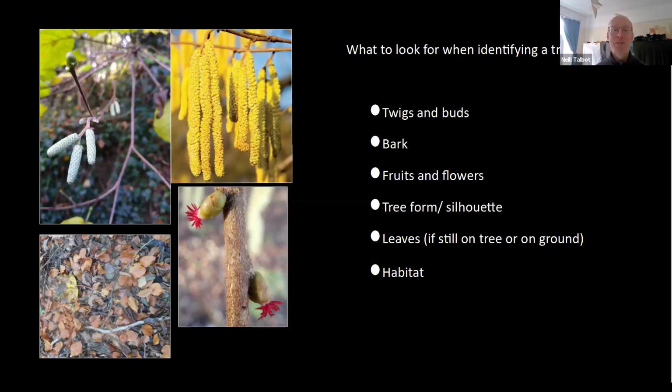But they could be from another tree nearby, so you just need to work that out and not rely on leaves on the ground as a primary identifying factor. And then we've got the habitat, so different species will be restricted to certain areas or prefer certain areas.